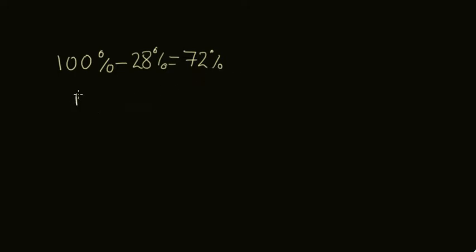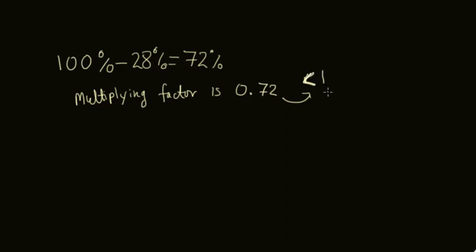This time, the multiplying factor is 0.72. If you see, the multiplying factor is less than 1 because there is going to be a decrease. If it was greater than 1, there'd be an increase. If it's less than 1, there's a decrease.